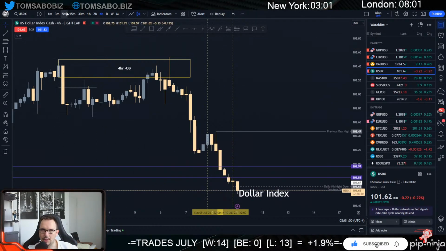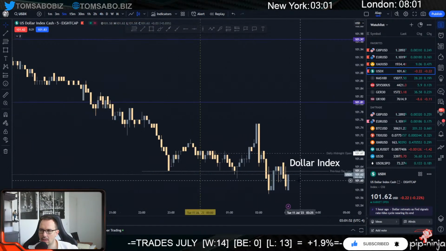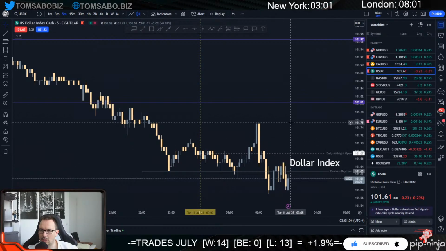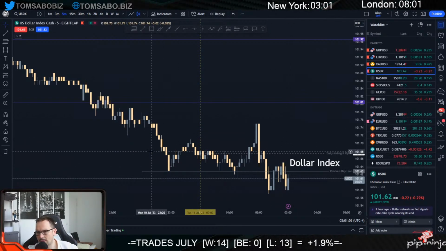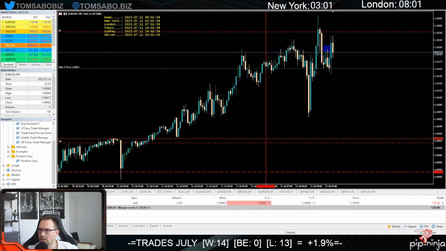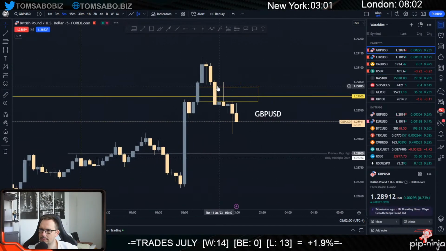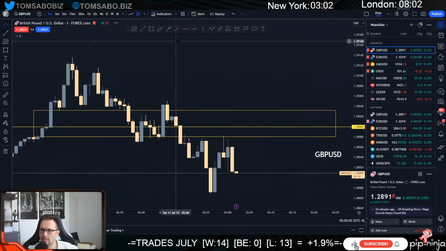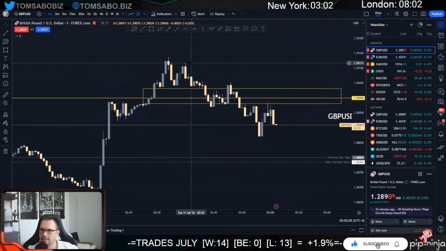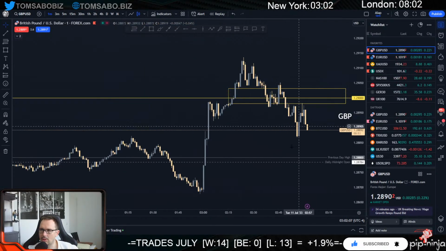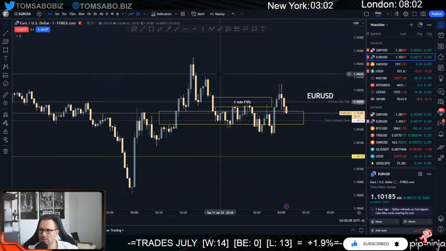Hard to tell what's happening on the 1 minute. Looks like dollar index may want to go higher and take out this buy side, who knows. Pound wants to go lower, which can be good for our euro.